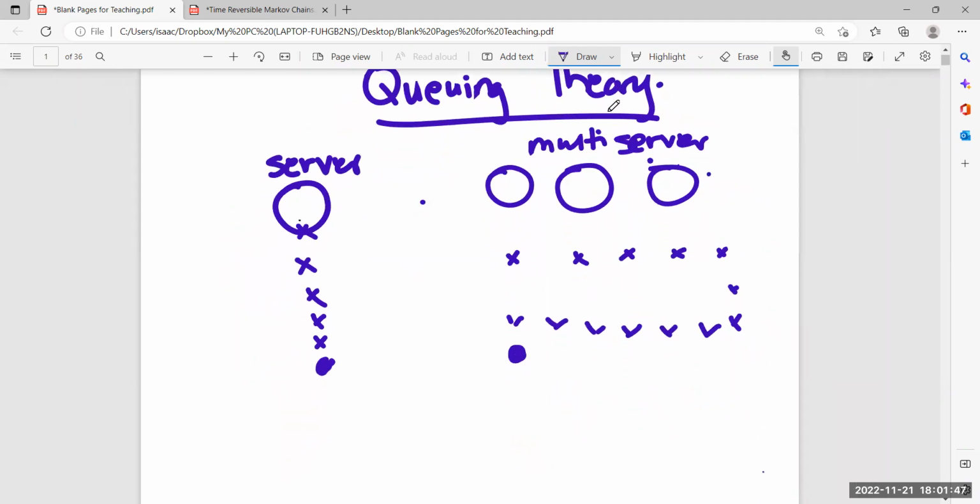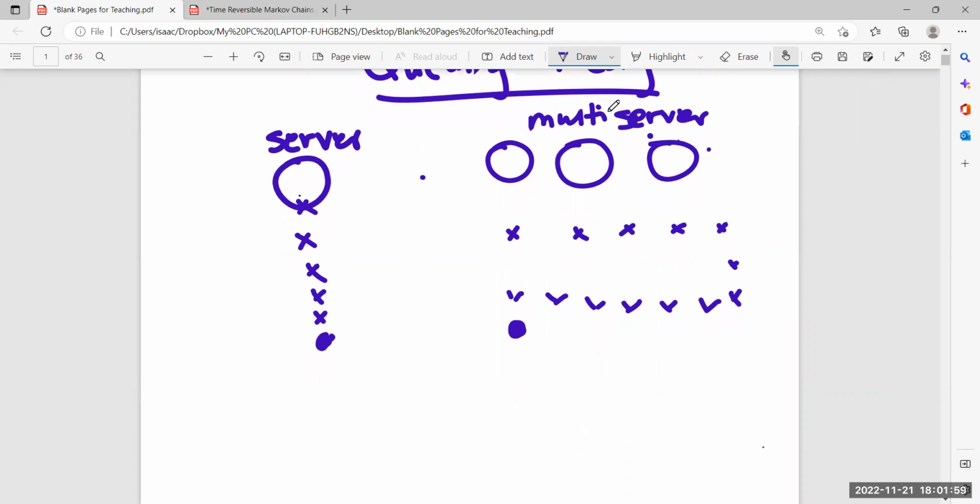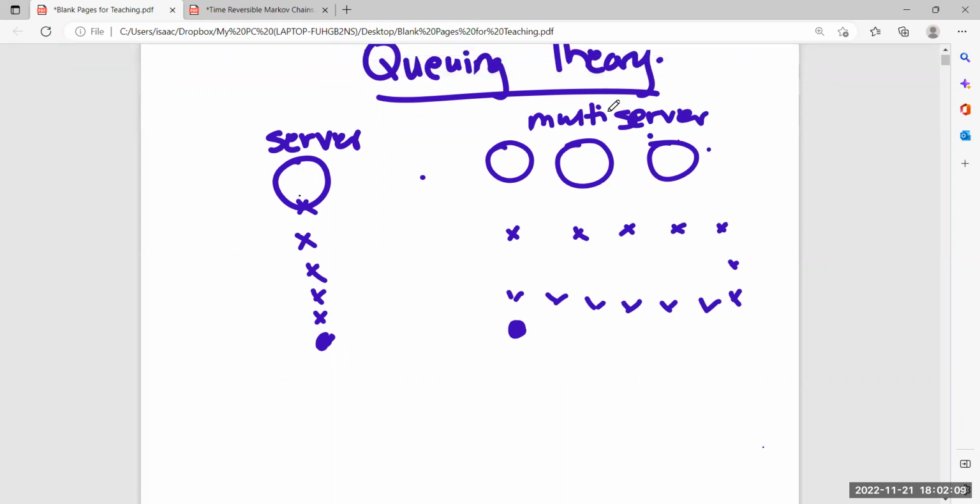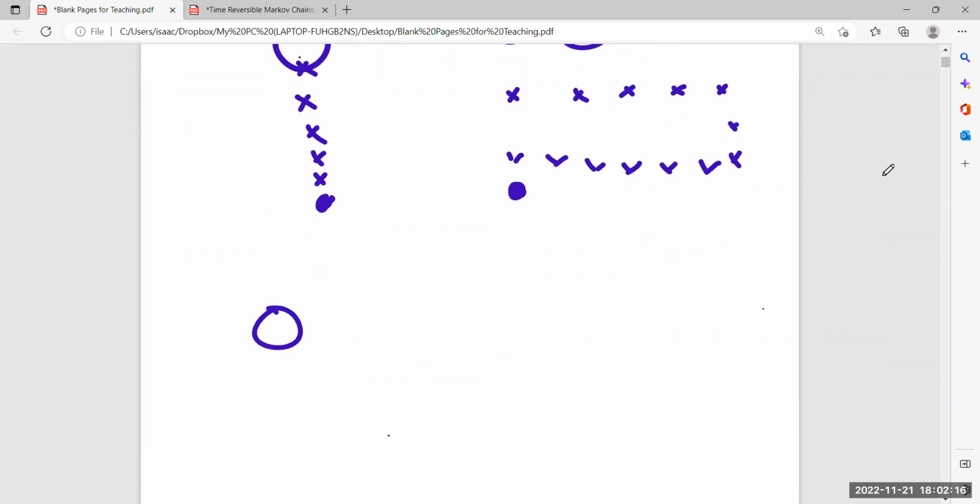So these 2 examples of queues are basically a single line. But that's not true all the time, right? We can have a lot of restrictions on the lines as well. For example, suppose I have 2 lines now, like this, 2 queues.